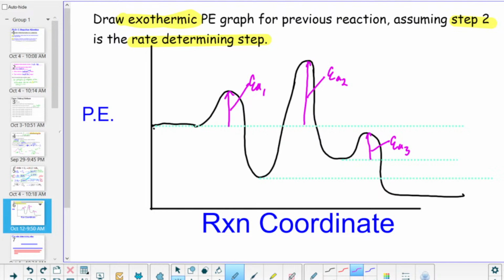A few things that we can say is that our second activation energy is greater than our first activation energy or the third. Wait, why does the activation energy of the tallest peak not go all the way down to the valley there?